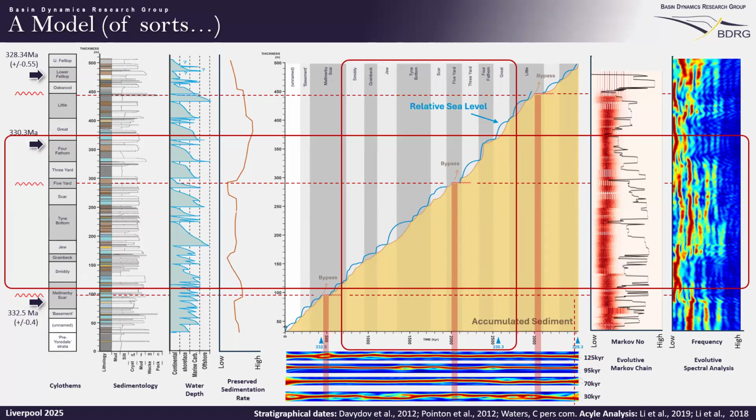And that size is somewhere between 230 and 250,000 years, which is not anything significant, except that almost all of these cyclothems contain at least 2 oscillations in sea level. So those oscillations in sea level, when you divide 230 or 250 by 2, comes out at 125. So is it the 125 eccentricity cycle controlling a lot of this? Tempting to say so, isn't it? Tempting to think like that.